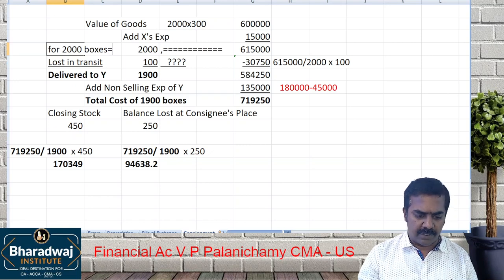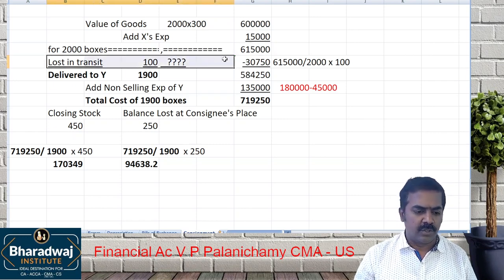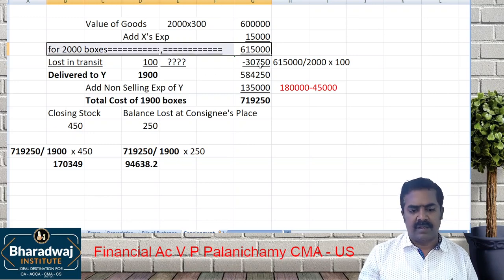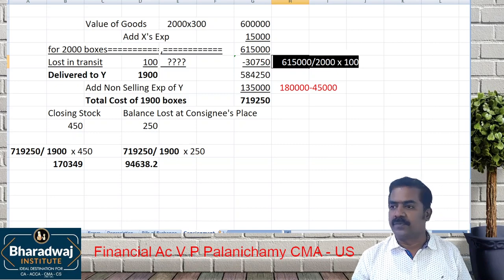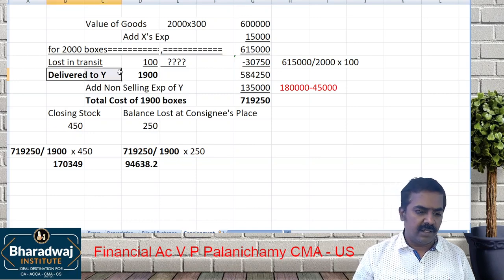The value is 6 lakhs 15,000. So if 100 units are lost in transit, what is the value? If 6 lakhs 15,000 is for 2,000, what is for 100? 30,750. The balance is delivered.